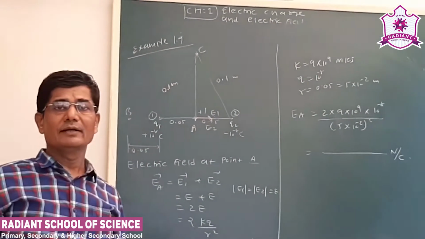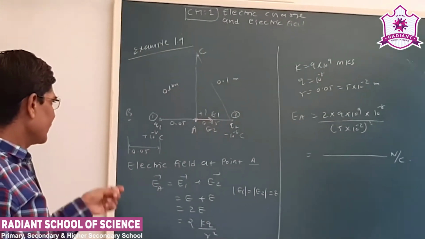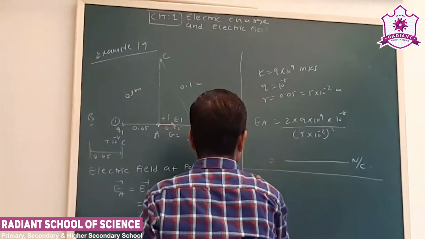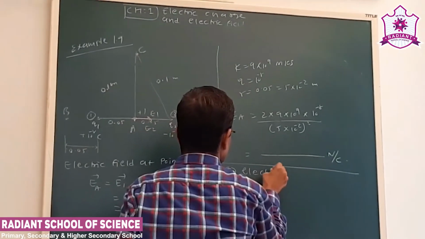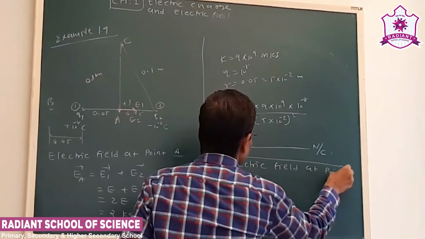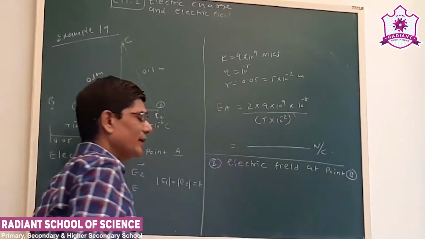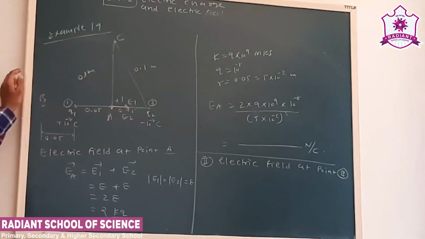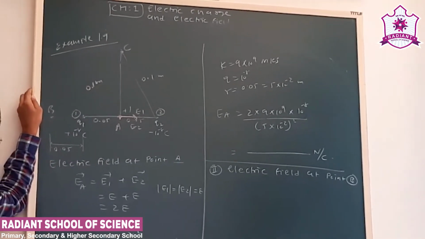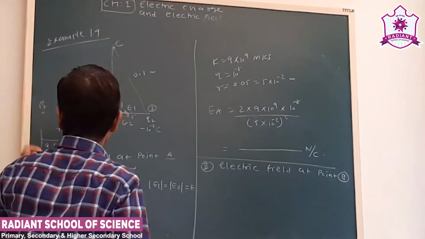Now, next we have to find out the electric field at point B. What we can see in the diagram is that point B is on the left side of Q1.